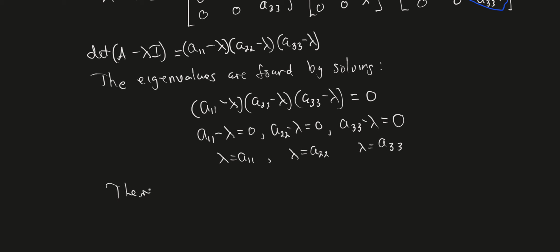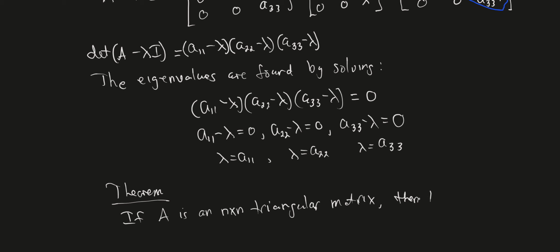So let's take a look at this one. If A is an n by n triangular matrix, then the eigenvalues of A are simply A11, A22, dot, dot, dot, ANN.